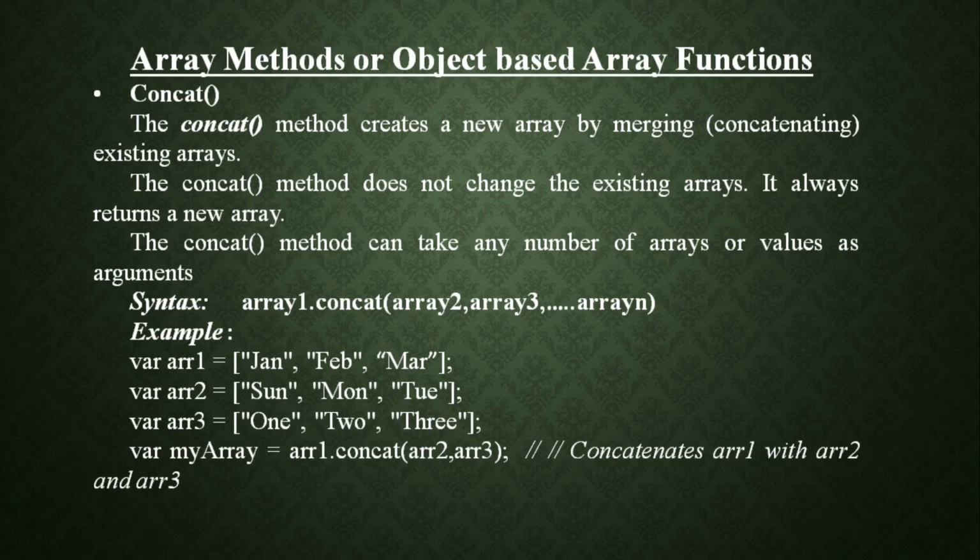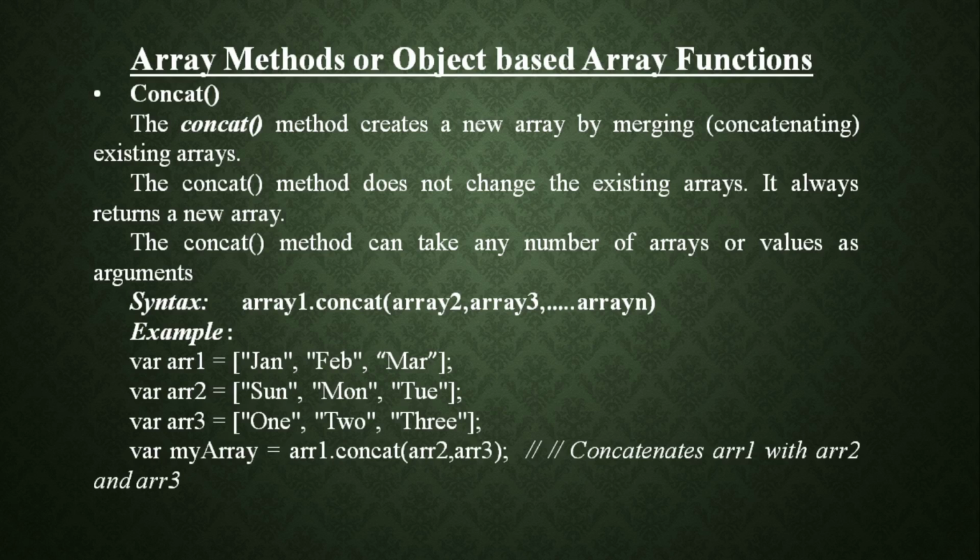There are some array methods or functions. The first one is concatenation. This concat function merges two or more existing arrays. Here in this example, array 1 has Jan, Feb, March, array 2 has Sunday, Monday, Tuesday, and array 3 has 1, 2, 3. Here I am using concat with array 2 and 3.